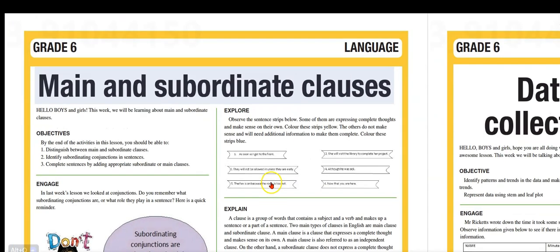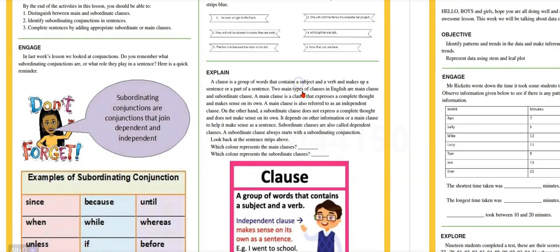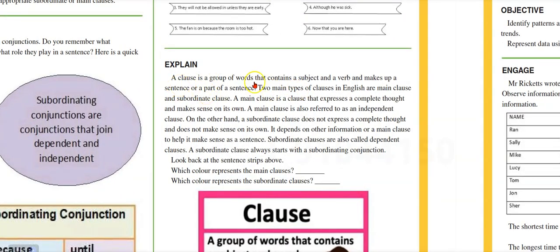All right. Let's explain. A clause is a group of words that contain a subject and a verb and makes up a sentence or part of a sentence. Two main types of clauses in English are main clause and subordinate clause. A main clause is a clause that expresses a complete thought and makes sense on its own. A main clause also refers to an independent clause.